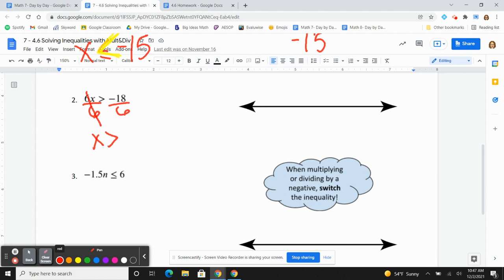Sarah? -3. Draw our line. This is -3. Is the circle filled in or open? Mia? Open. Sarah, which way is my arrow going? To the right. Because it looks like this alligator is pointing right. It's opening to the left, but it looks like it's pointing right.